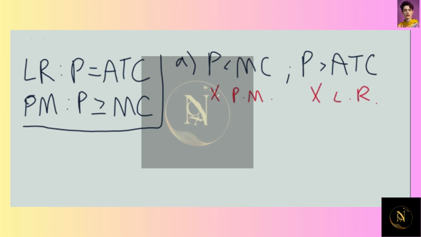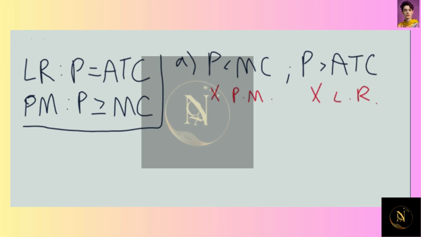Since price is greater than ATC, people are making profit. That's attracting sellers to the market, which is going to drive the price down to the point where price is equal to ATC. And to profit maximize, we need to shift our price up to become greater than or equal to MC.